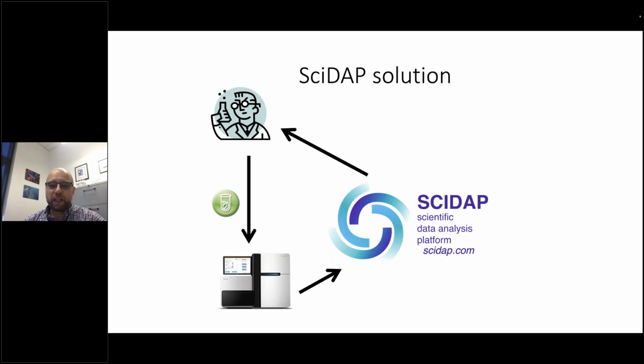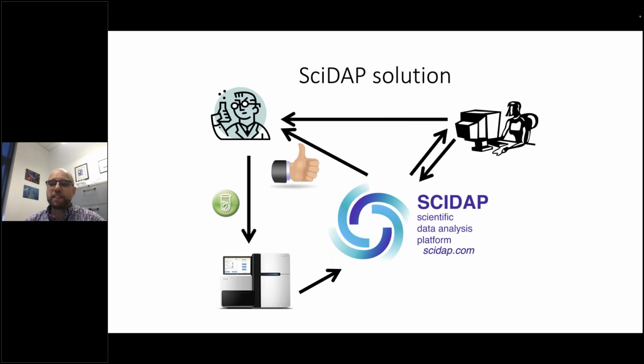So SciDAP can process these FASTQ files into results, but we do not, of course, exclude bioinformaticians who can continue working on this data and do additional analysis that might not be automated.